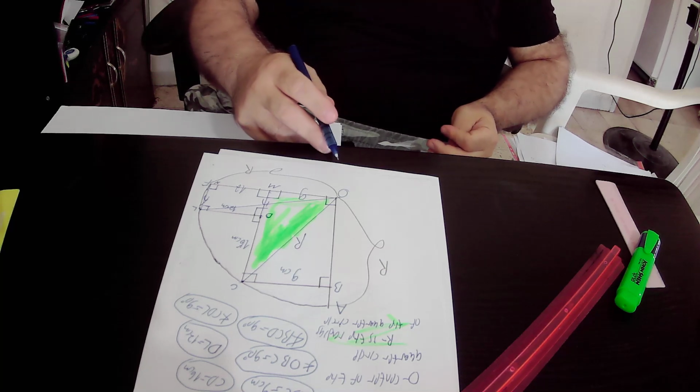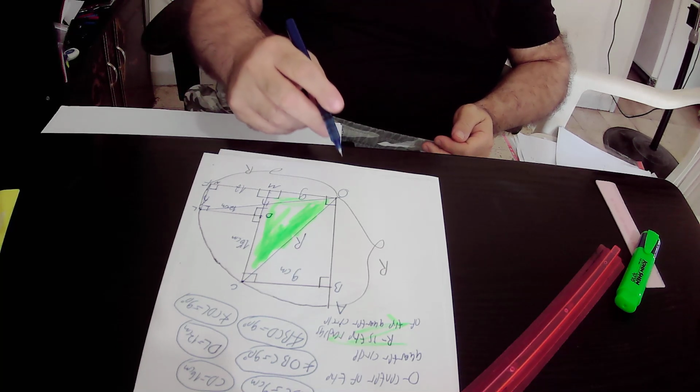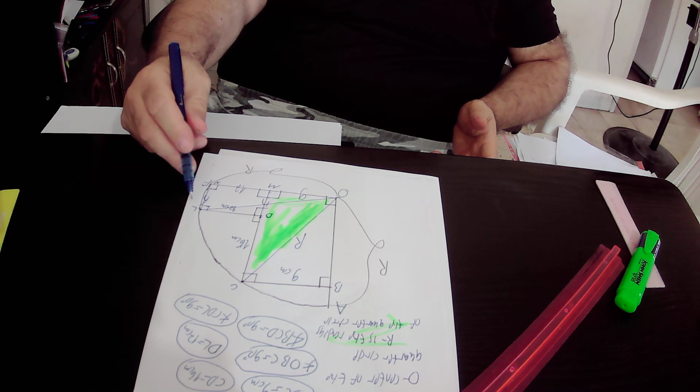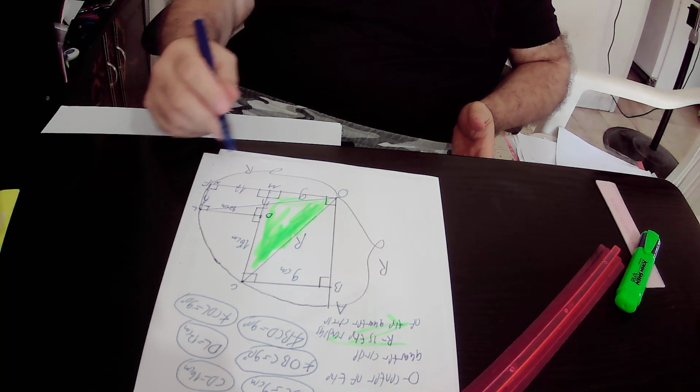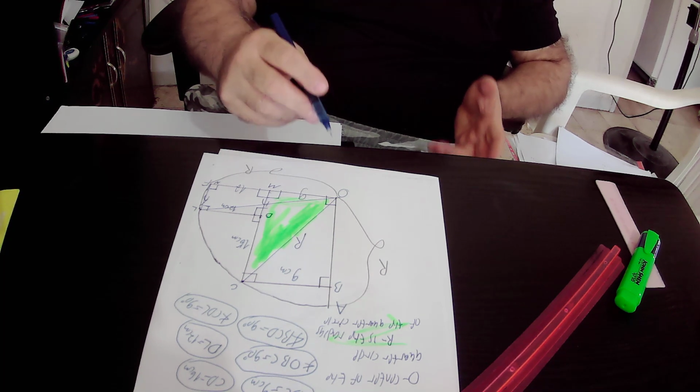Here point O is the center of the quarter circle. Point L is a point on the quarter circle itself. That is exactly the definition of a radius.